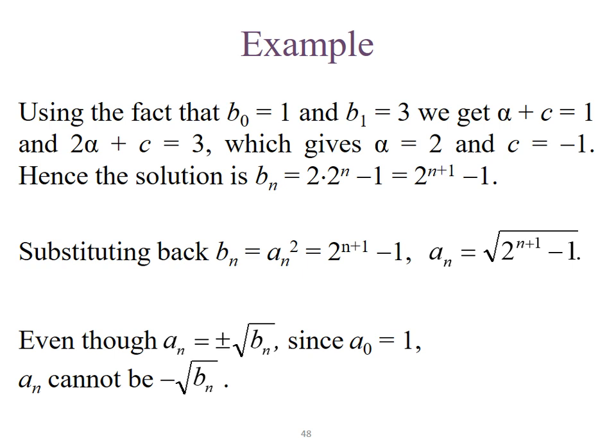When we consider a_n equals the negative square root of b_n, then with our initial condition a_0 equals 1, the negative square root of b_n is not a possible solution. So our final solution will be a_n equals the positive square root of 2 to the power of n plus 1 minus 1.